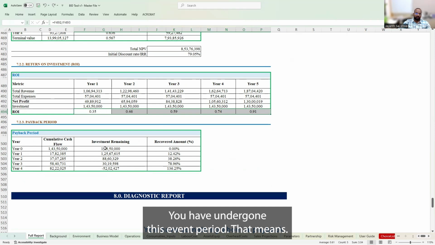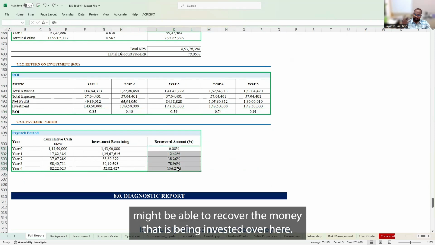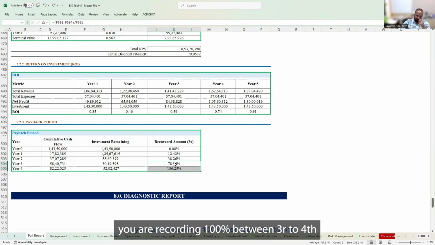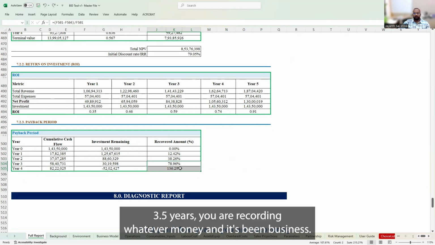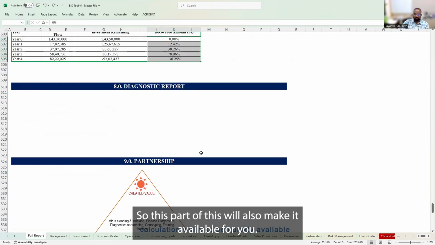You have something called as payback period. That means in how many years your business is actually able to recover the money that is being invested. Over here, if you see, you are recovering 100% between third to fourth year. So around 3.4, 3.5 years, you are recovering whatever money you invested in this business. So this sort of calculation will also be quickly available for you.